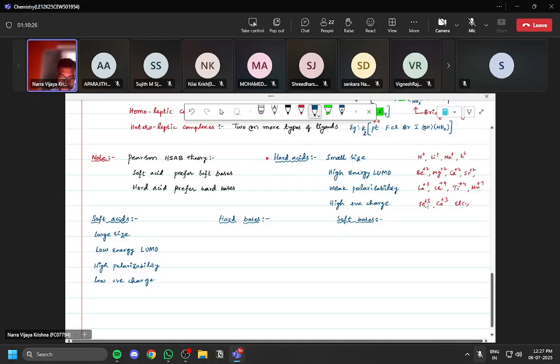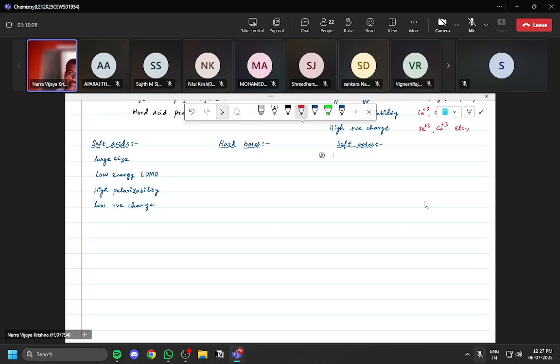Right. Examples of soft acids. Lower oxidation states: copper +, Ag+, gold Au+, thallium +1; thallium +3 is hard, +1 is soft. Hg+2 is hard, Hg2+2 is soft.